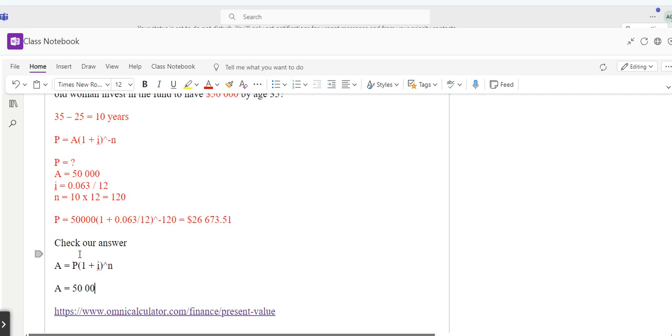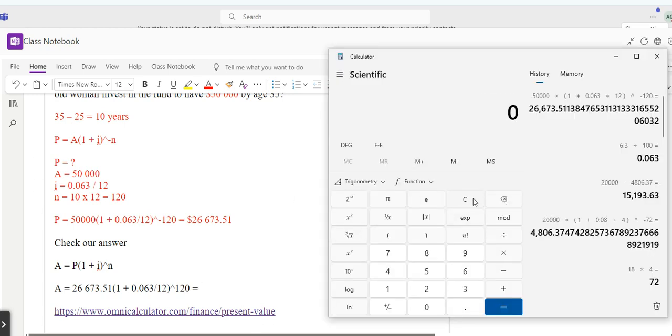And so A would be equal to, in this case, this $26,673.51 multiplied by 1 plus 0.063 divided by 12. And we will put this to the power of positive 120. And our answer should be just below 50,000 because we had to round down, right?